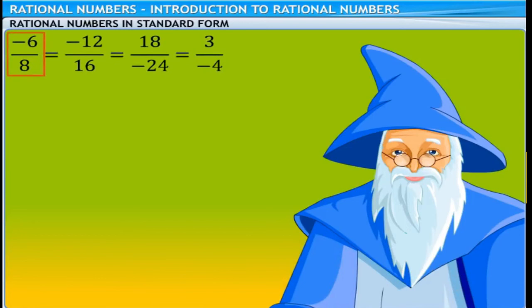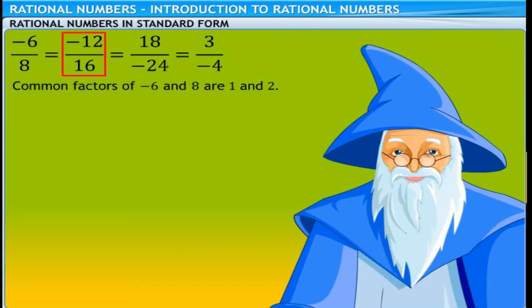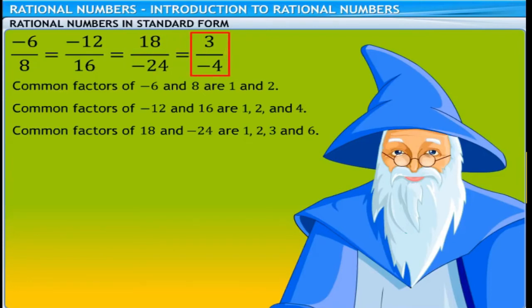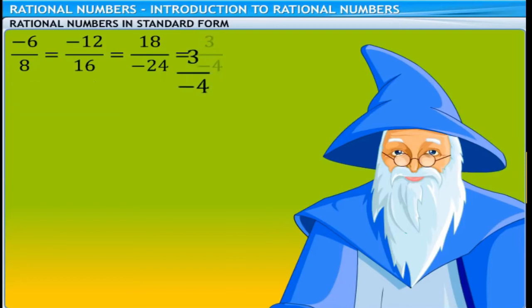Here, -6 and 8 have common factors 1 and 2. -12 and 16 have common factors 1, 2 and 4. And 18 divided by -24 have common factors 1, 2, 3 and 6. However, 3 and -4 have only 1 as their common factor. The number 3 divided by -4 seems to be the number we are looking for.